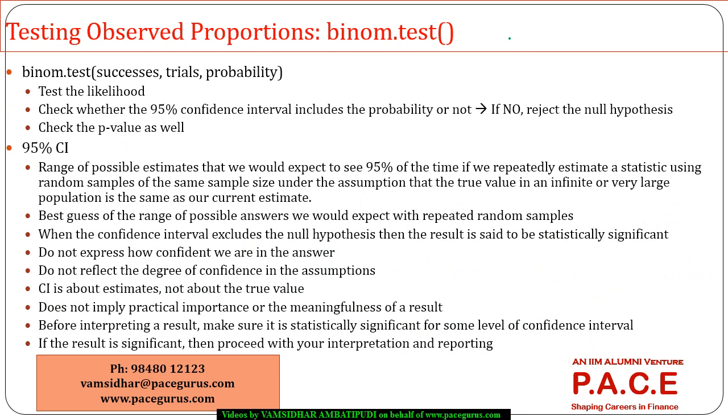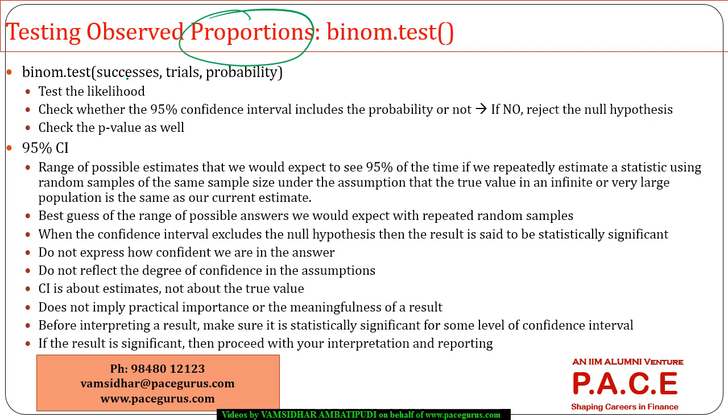Then the next important test that I am looking at in this context is the binomial test. This binomial test typically is used when I am testing the proportions of success or proportions of failure.